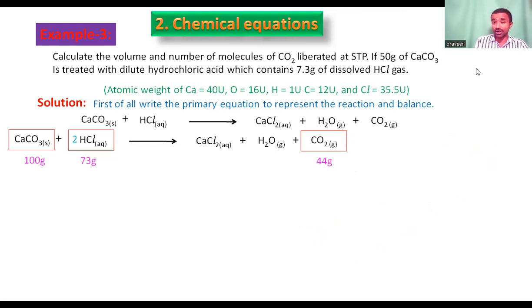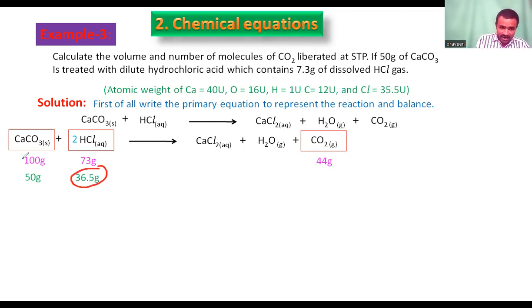Then, according to the question in the problem, there is only 50 grams of calcium carbonate and 7.3 grams of dissolved HCl. But here I am taking 36.5. Why, sir?